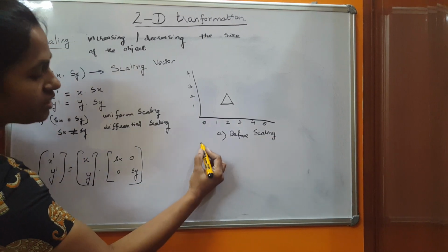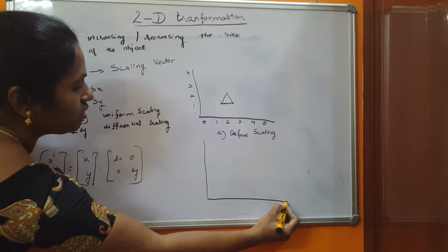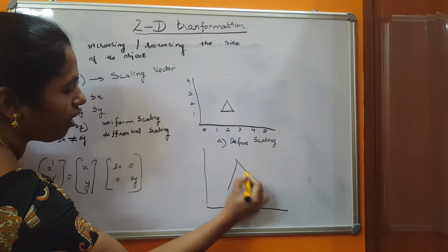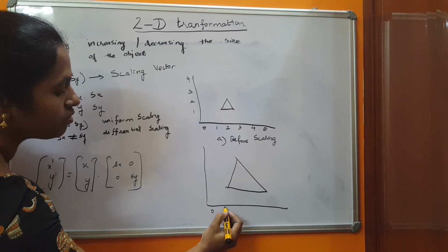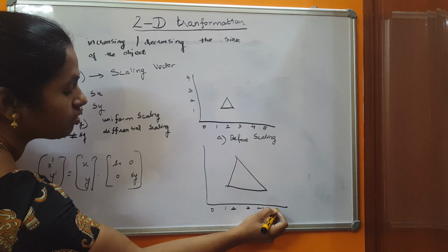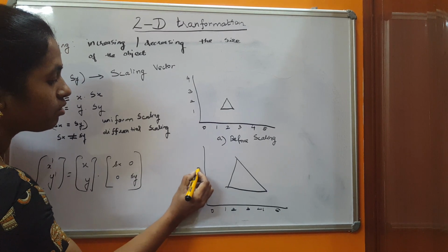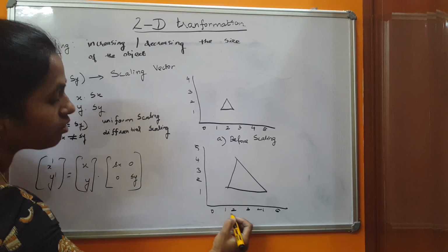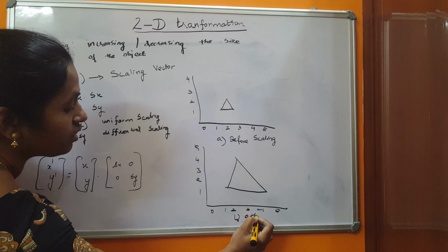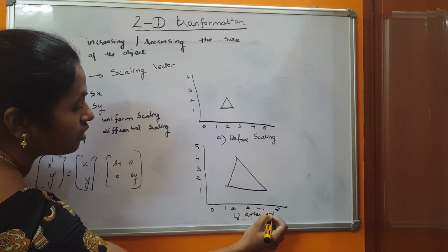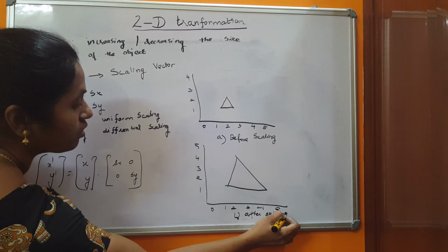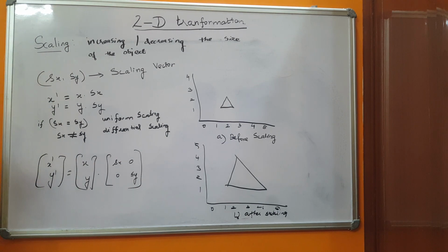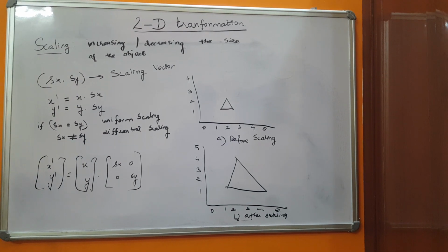The object size is increased, for example, after scaling. This is after scaling. So scaling means increasing or decreasing the size of the object.